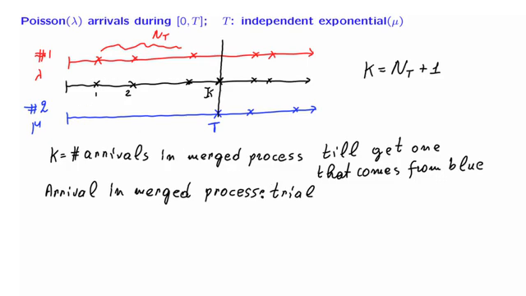Each one of these arrivals is coming either from the red process or from the blue process. Let us call it a success if it comes from the blue process.